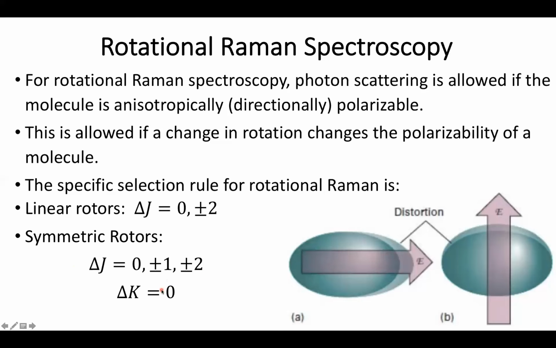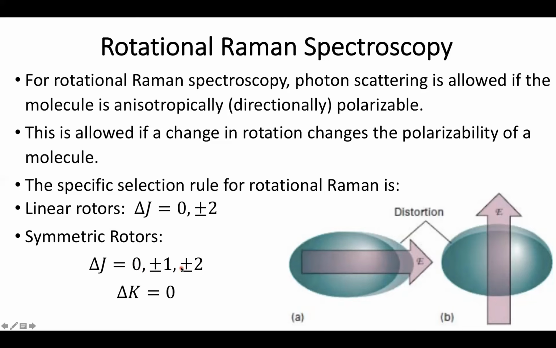So for linear rotors, I have to increase or decrease by 2. For symmetric rotors, it turns out we can get around that a little bit, and we can have increases or decreases by 1 or 2, or again, no change. This will be your Rayleigh peaks, the increase will be your Stokes peaks, and the decrease will be your anti-Stokes peaks.